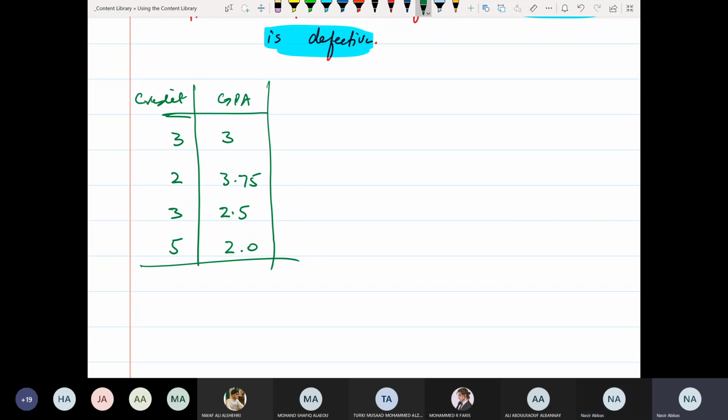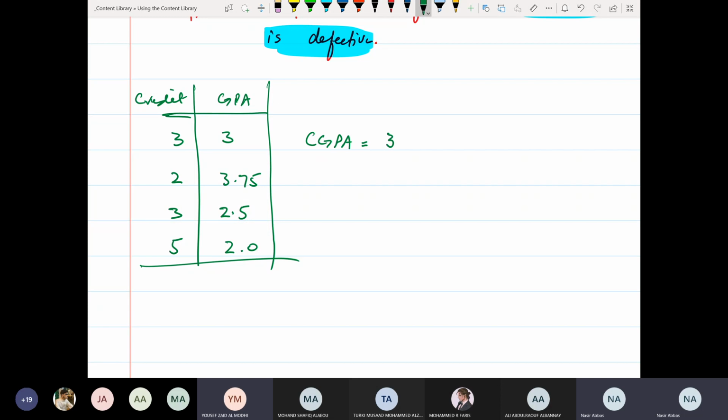Yusuf: We multiply the GPA by the credit for everyone. Then we sum them and divide by the sum of the credits.